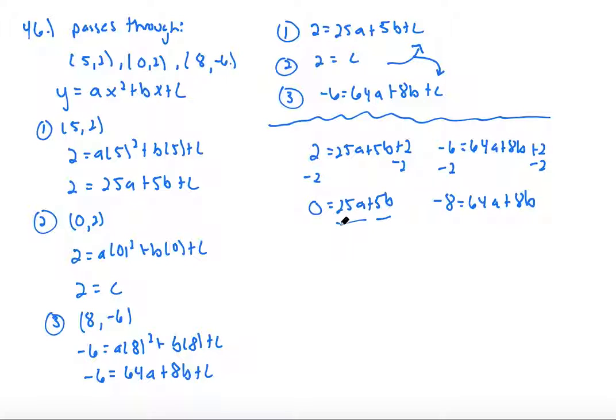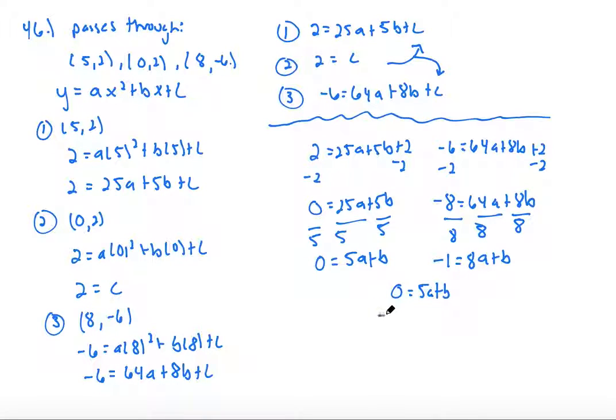To simplify my life, I'm going to divide everything by 5 in this equation. So 0 equals 5a plus b. And over here, I'm going to divide everything by 8. So I have negative 1 equals 8a plus b. And I'm going to now write these two equations on top of one another.